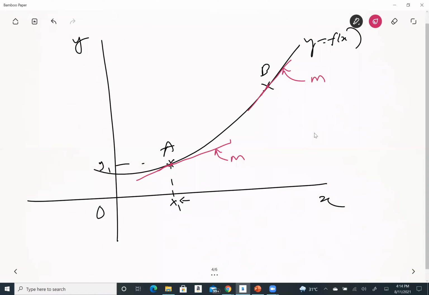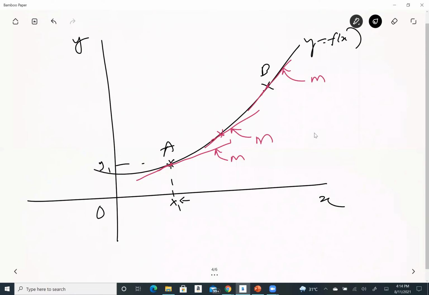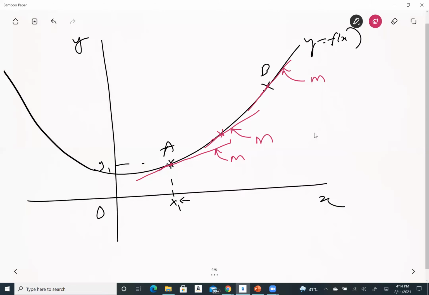And I can find the slope at point C, that's the slope of the straight line just tangent at C. And if I continue the line like that, we can also find the slope at point E. That's it. So how do you get the slopes here? You use the derivative.